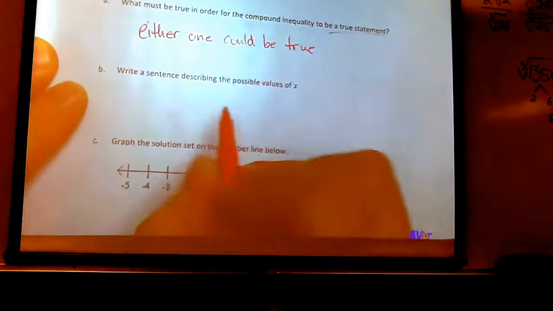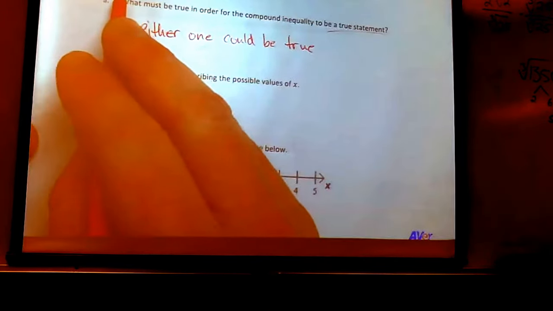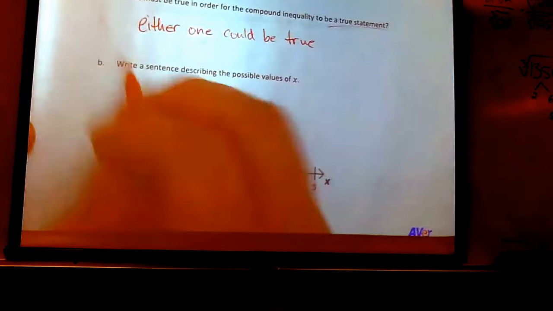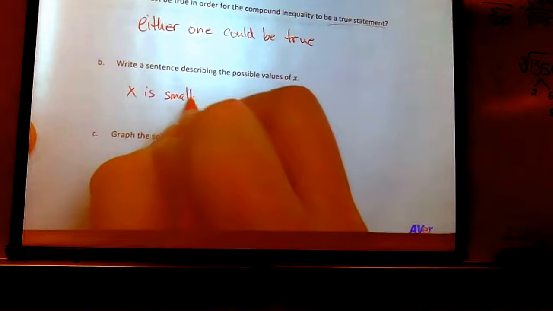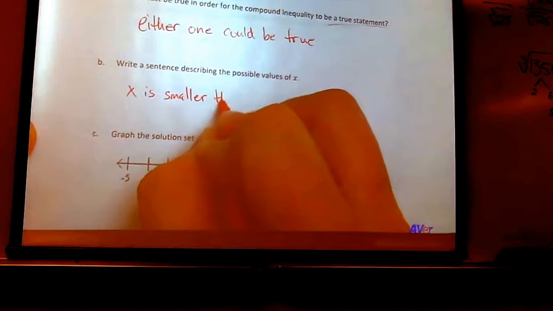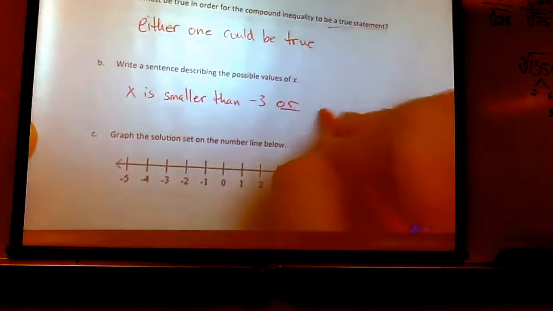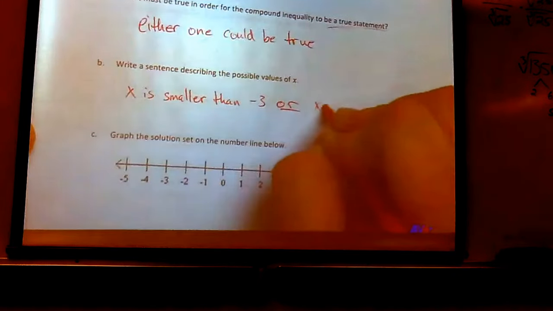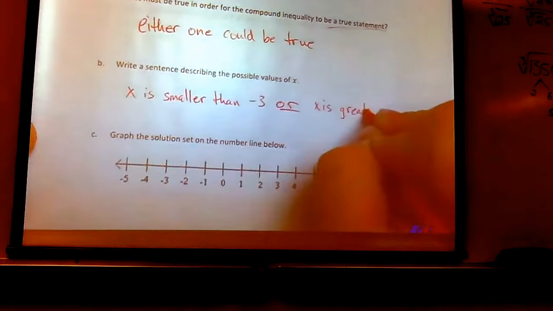So in this one, the possible values of x, write a sentence. What's this say? X is smaller or less than negative 3, or x is bigger than negative 1, or greater than.